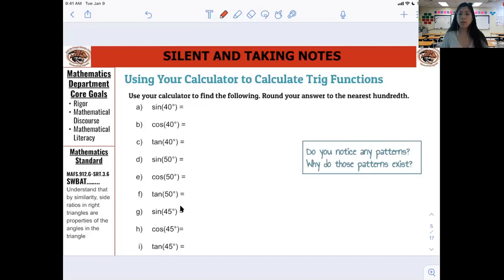As you're getting your answers down, you can start annotating onto the screen. You can use the text button or the drawing button, and whatever answer you feel like filling in, go ahead and fill it in at this time.